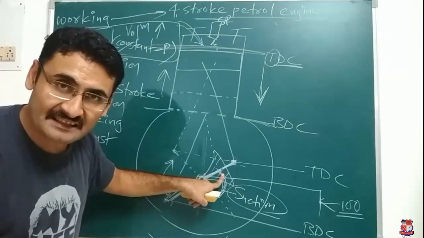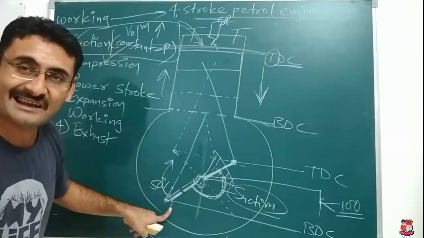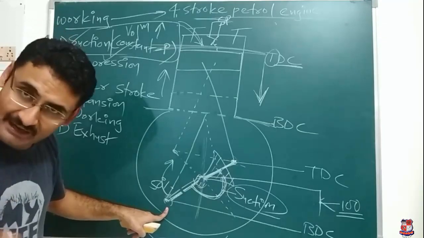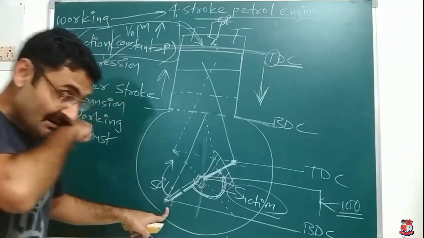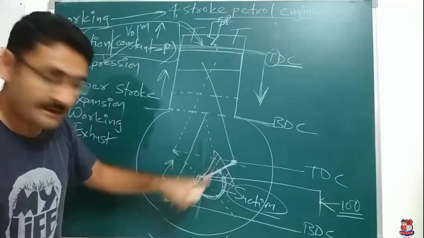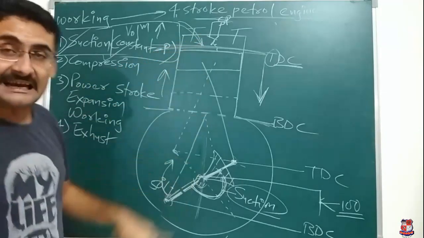Among that 100% energy, the flywheel has used only 50% energy, and when the flywheel is present at BDC position, it still has 50% more energy which is stored by the flywheel. So the flywheel will release that energy, so that the crank will travel from BDC to TDC and the piston will travel from BDC to TDC. Second reason is what?